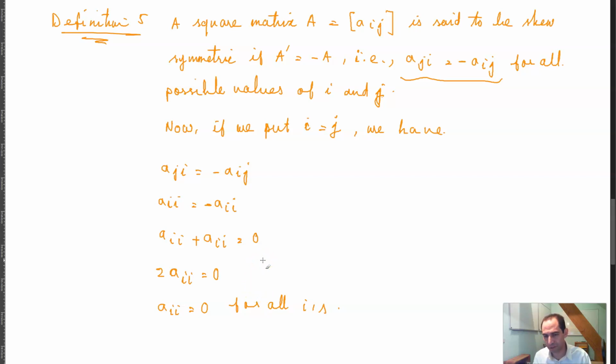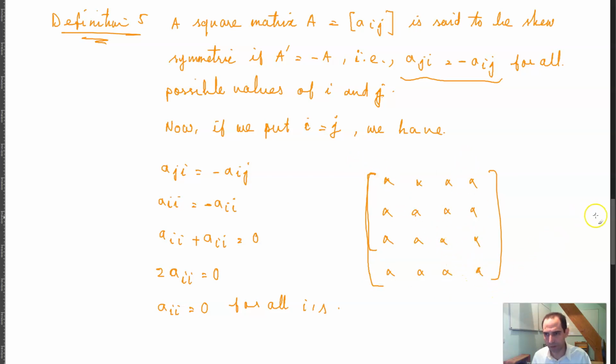That means that i equal to j happens only when you have a square matrix, and for example you have these elements here. Over here i is equal to 1, j is equal to 1. Over here i is equal to 2, j is equal to 2. i is equal to 3, j is equal to 3. i is equal to 4, j is equal to 4.